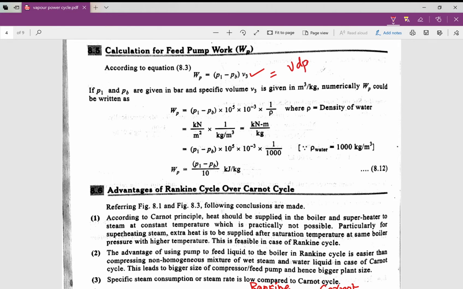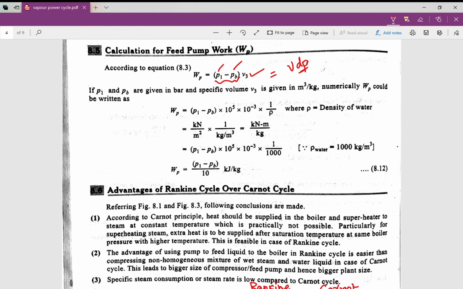Whatever volume of water is sucked, that is your V3, and P1 minus PB is your dP, the change in pressure, whereas P1 is your boiler pressure and PB is your back pressure or condenser pressure, right?